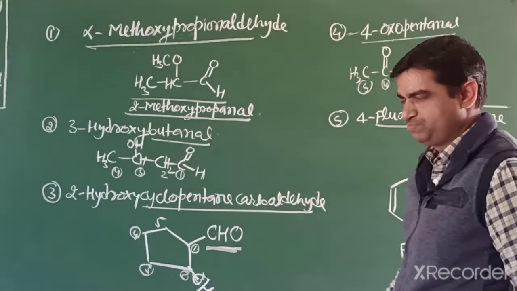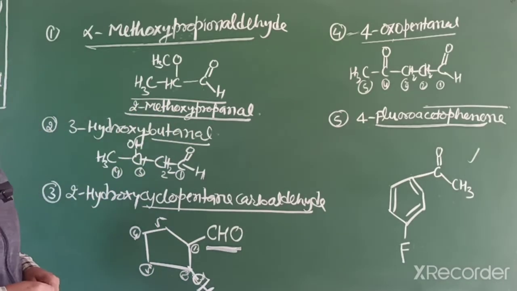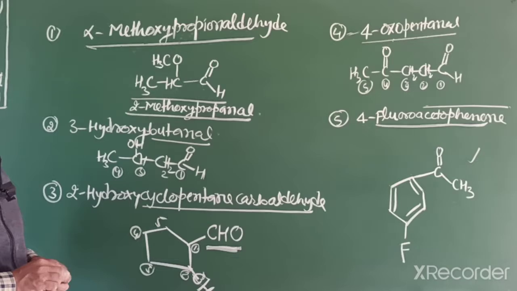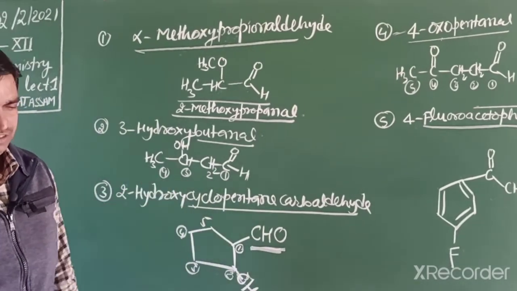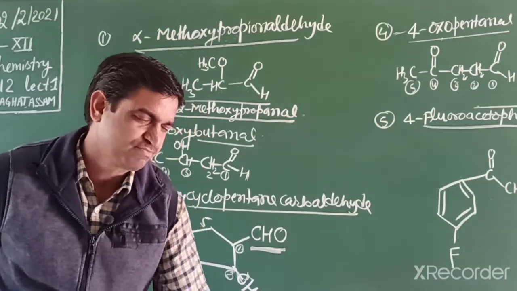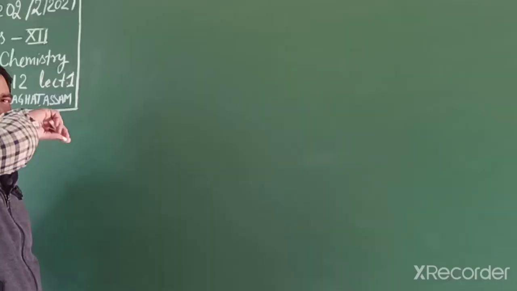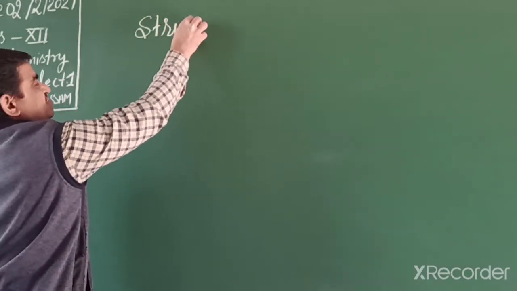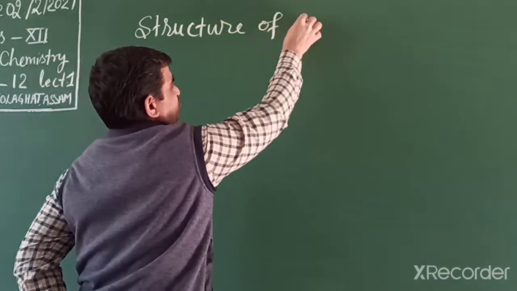So when you write such compounds, then you can easily draw their structures, and you will get 1 mark in this. You have to write 1 mark IUPAC name, other one structures. Structure of carbonyl group.